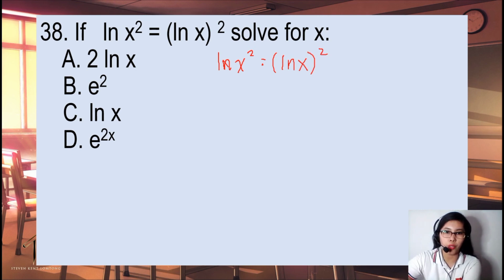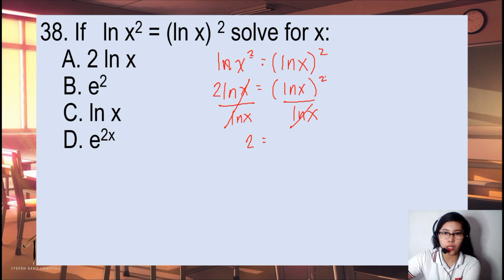As a rule of logarithmic functions, if we have an exponent, we can bring it to the front. So this is going to be 2 ln x is equal to (ln x) squared. Then let us divide both sides by ln x. So this will be cancelled, and this will be cancelled also.